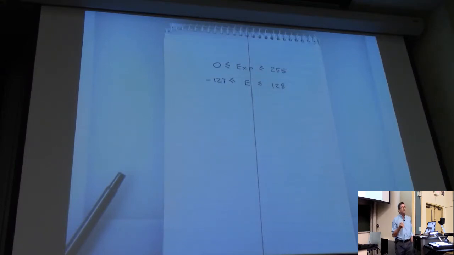And in a denormalized number, or denorm, there's no implied 1. So the significand M is represented exactly, encoded identically in the frac field. So there's no implied 1, and all of the numbers are of the form 0 point something after them.